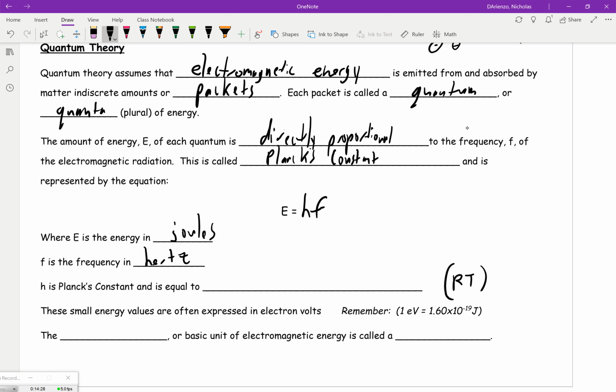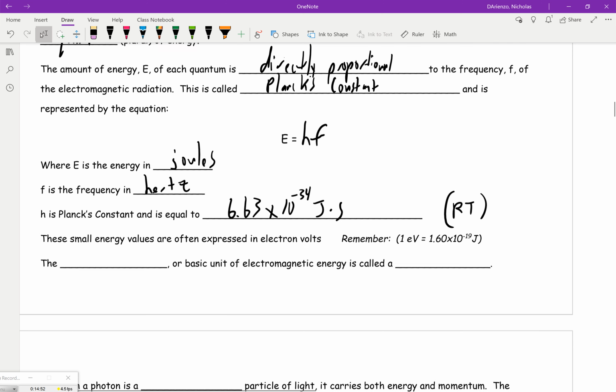And it's equal to 6.63 times 10 to the minus 34th, a very, very small value, joules times seconds. Remember, frequency being 1 per second, or cycles per second, and energy being measured in joules.